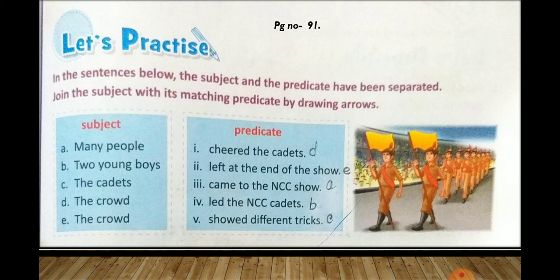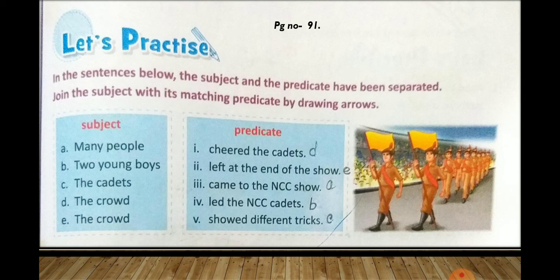So beside that you will write down A, small letter A. Next is number B, two young boys. So number B will match with number 4, led the NCC cadet. So beside number 4 you will write down small letter B.